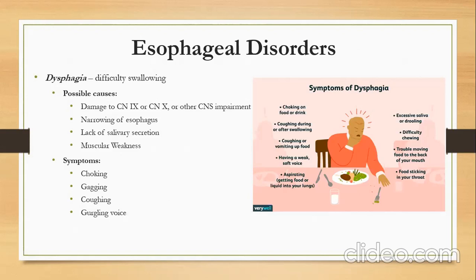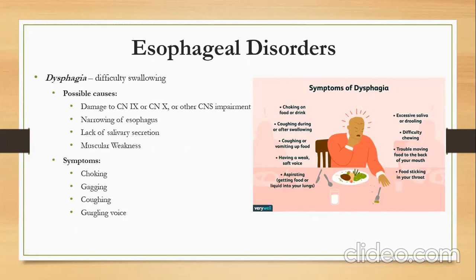Sometimes it is also used as painful swallowing, like when someone has a sore throat, but more commonly used for difficulty swallowing. Possible causes could be damage to your central nervous system, including cranial nerves 9 and 10. Talk about that again with the nervous system. A narrowing in your esophagus or a lack of salivary secretion.